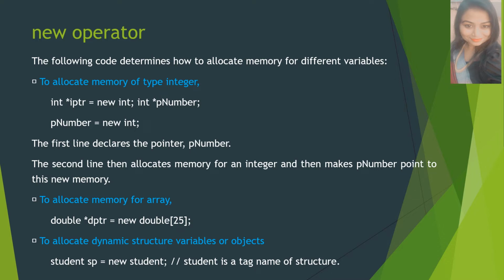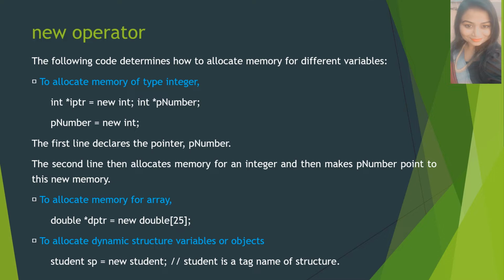The second line, p number equal to new int, allocates memory for an integer and makes p number point to this new memory. So this syntax is used for allocating memory for an integer variable only.